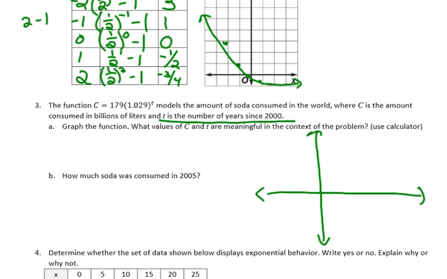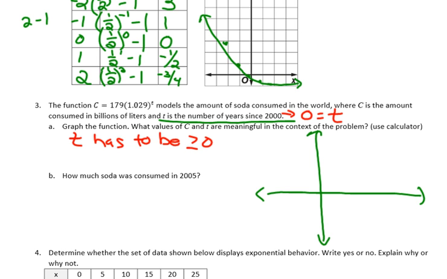But what values of C and T are meaningful for this context? Well, if I'm starting at 2000, and that's my baseline of 0, that's really year 0, then I'm not going to have any negative exponents. So T has to be greater than or equal to 0.